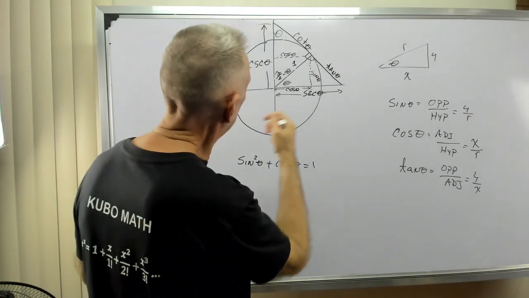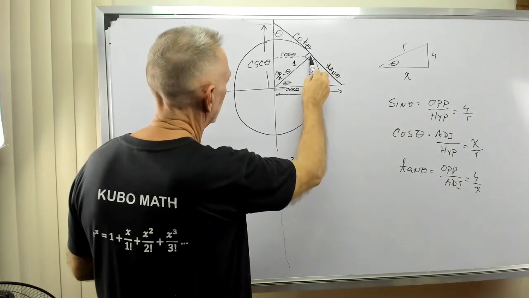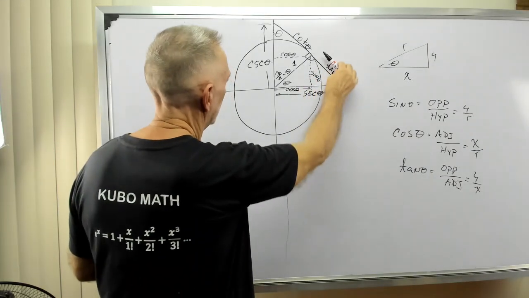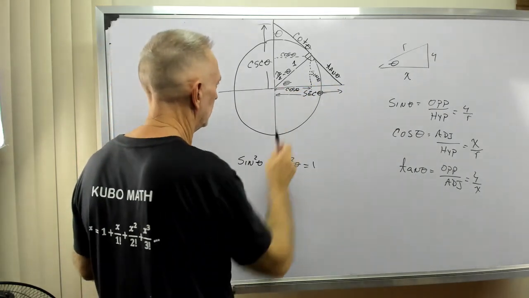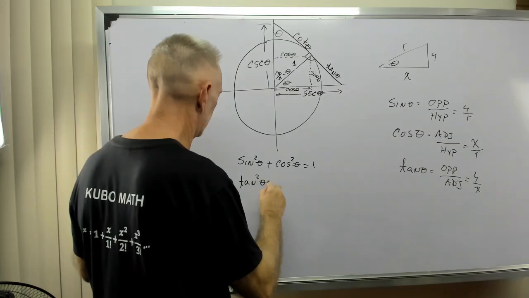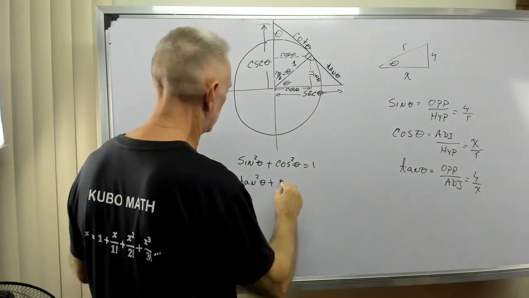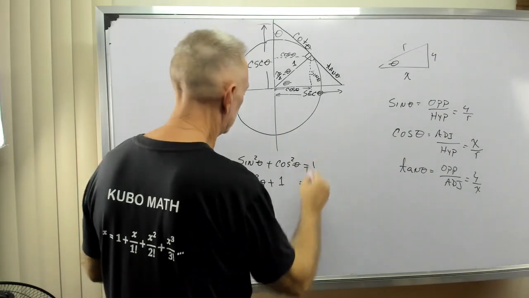Okay, let's think about this triangle here. So I have a side and a hypotenuse. So I have tangent squared theta plus 1 squared, which is 1, equals secant squared.